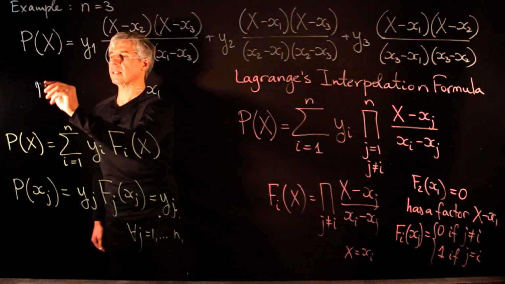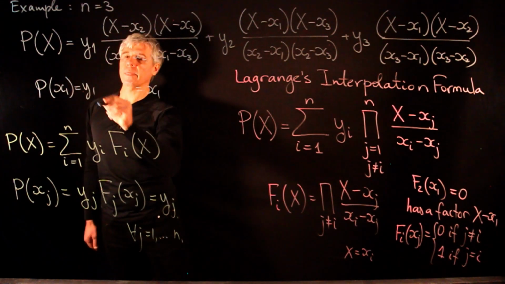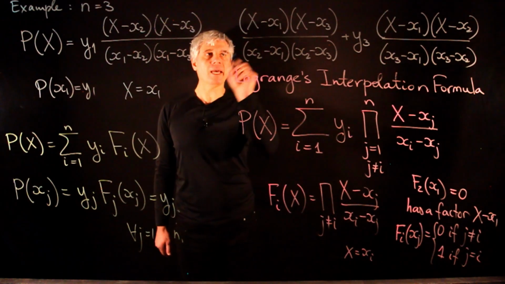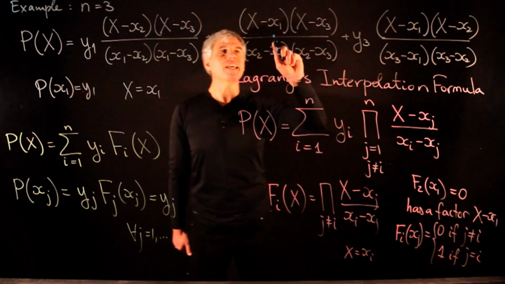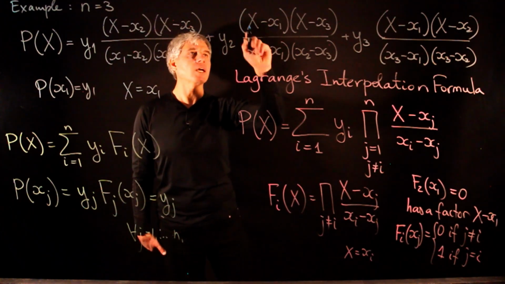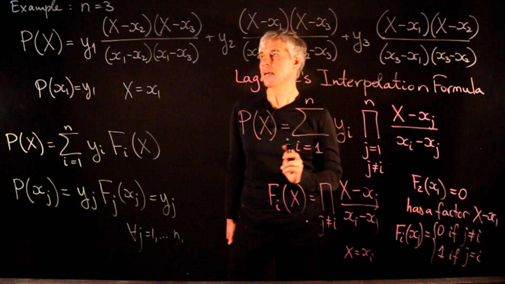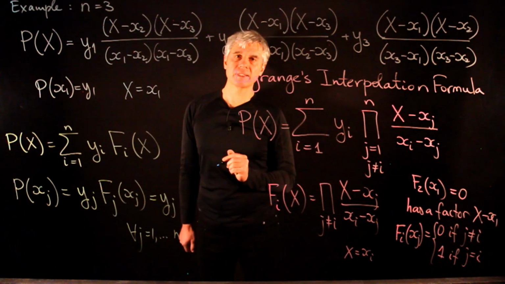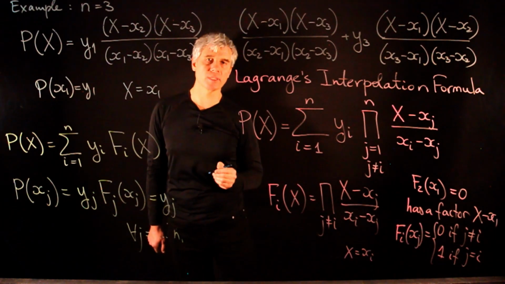So this says that p of x1 is equal to y1. And at the point x1, the final 2 terms will vanish, because here we have a factor of x minus x1, and here we have a factor of x minus x1. So this polynomial is designed in such a way that it has prescribed values at prescribed points.